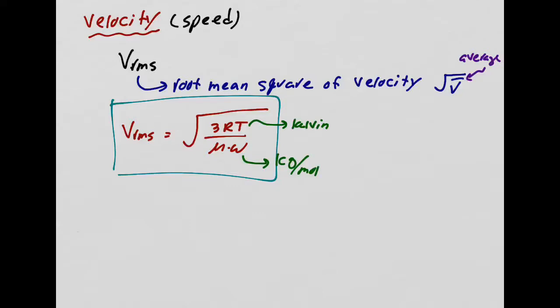And R is a constant, but it has a slightly different unit. So it's 8.314 joules over Kelvin mole. Now again, we used 0.08206. That has a different unit. Now we need joules over Kelvin mole. So 8.314. This is the constant you use for velocity of gases.